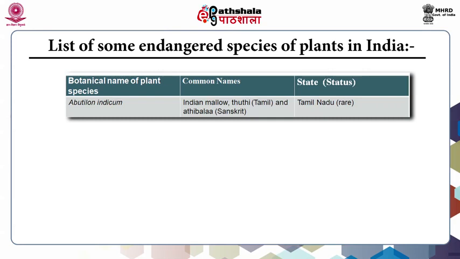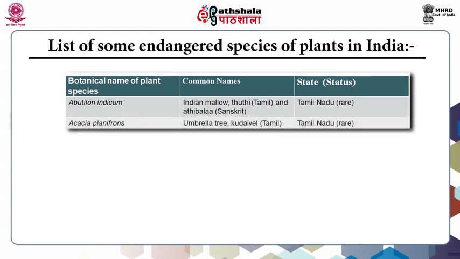Abutilon indicum, also called Indian mallow or Thuthi in Tamil, is found in the state of Tamil Nadu and its status is rare now. Then Acacia planifrons, also called umbrella tree, is also found in Tamil Nadu and its status is also rare.